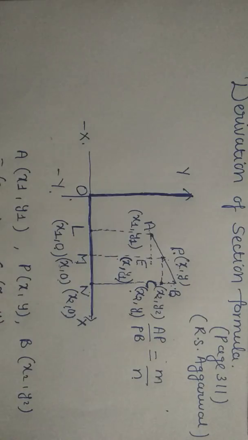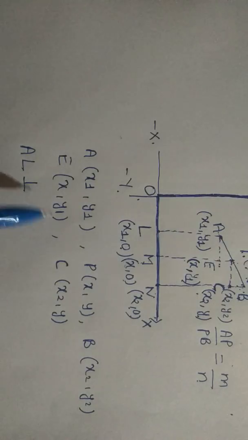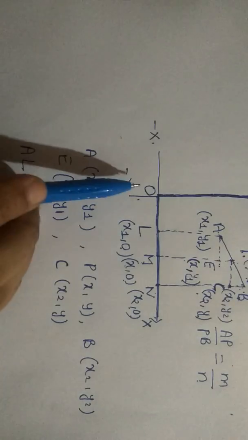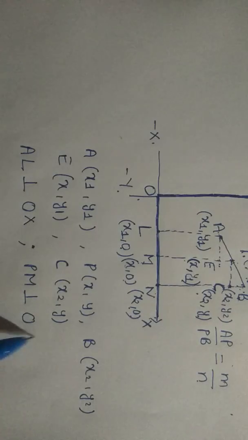Okay. So students, now I am writing the construction part, that is AL is drawn perpendicular to the x axis, that is OX. And similarly PM perpendicular is drawn on the x axis OX, okay.